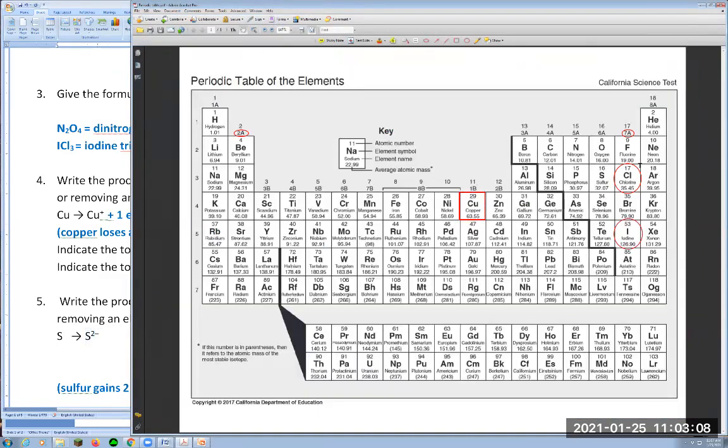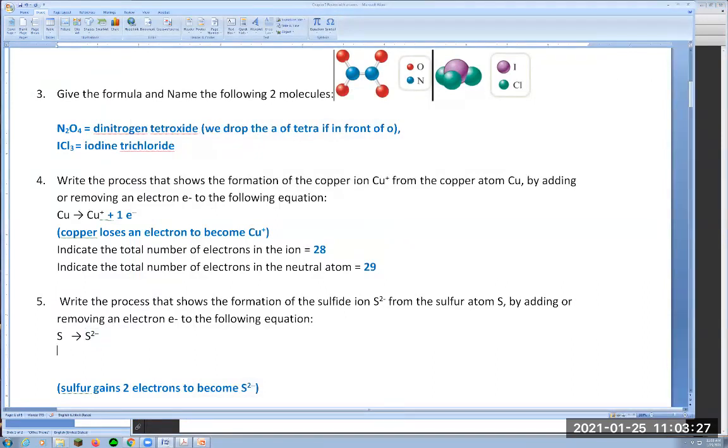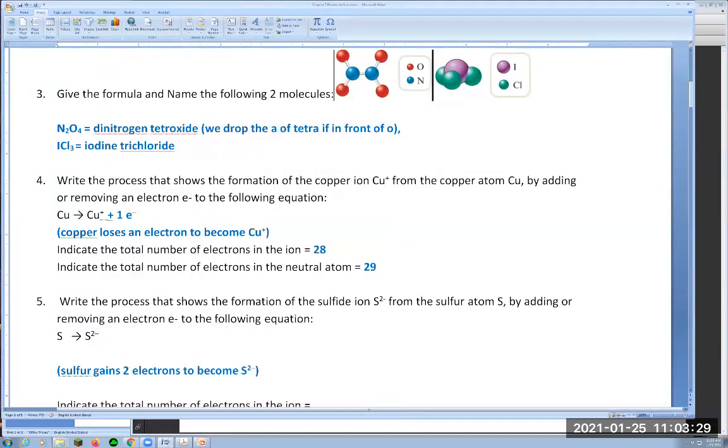We know this. It's a predictable ion. It's in group 6A, and it likes to gain 2 electrons to be like argon, right? We can do 6 minus 8, negative 2, to find the charge. So sulfur will gain 2 electrons.